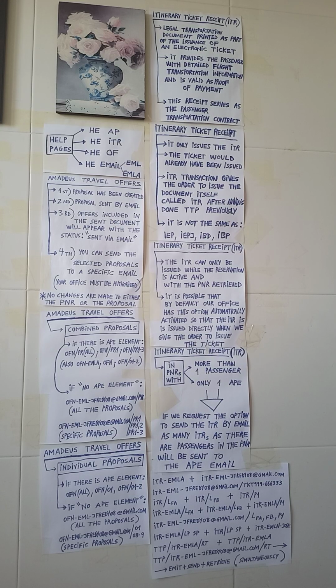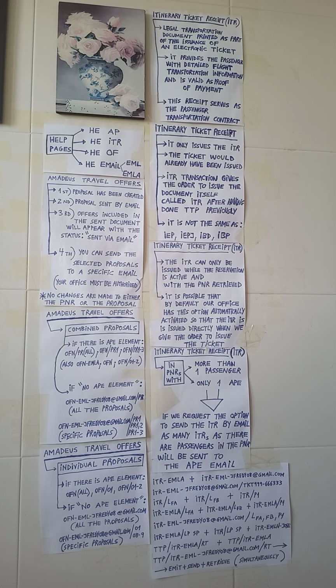The only difference with these transactions is that the EMLA part is replaced by EML hyphen and the email address, because the client gave us a new email address at the last minute.